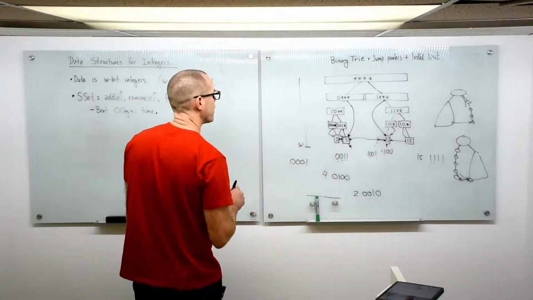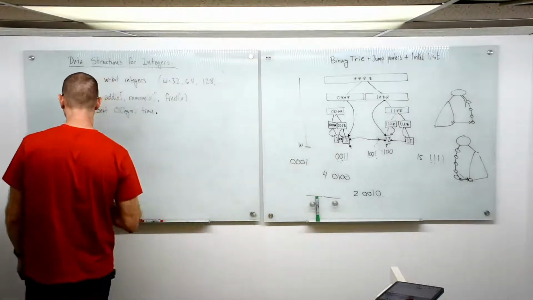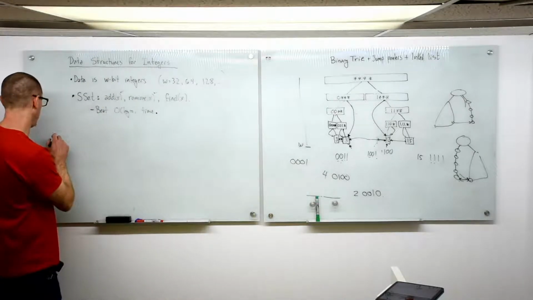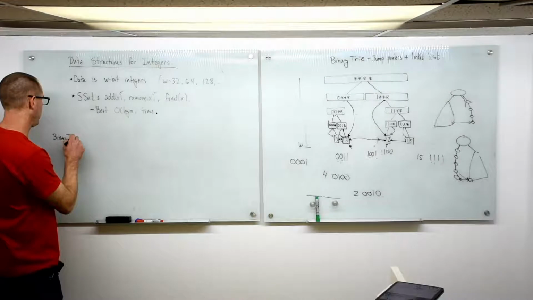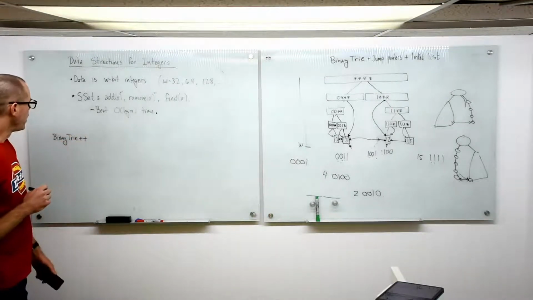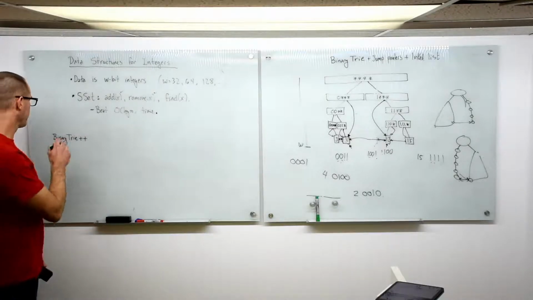Okay. So let's write down what we've got here. I'll call it the binary trie plus plus.